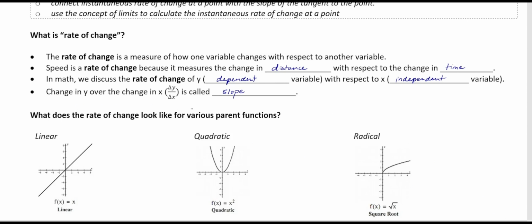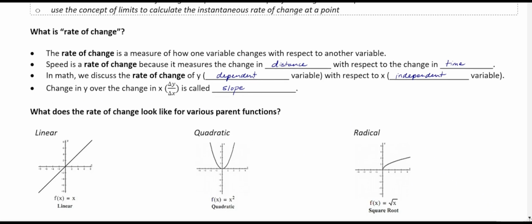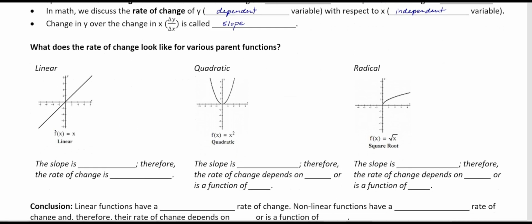What does the rate of change look like for various parent functions? Well, if we look at the linear function, we can see that the delta y over delta x is constant. Rather, the slope is constant, and therefore the rate of change is also constant.